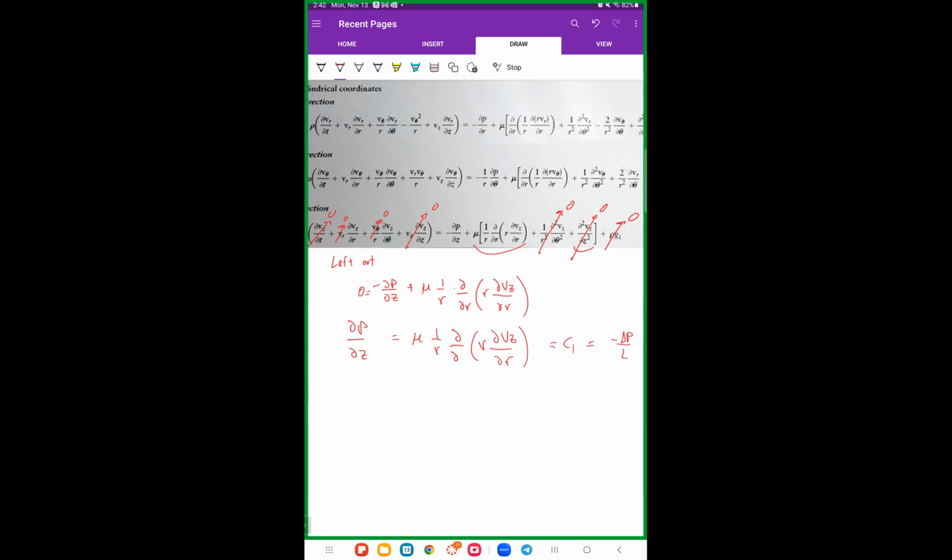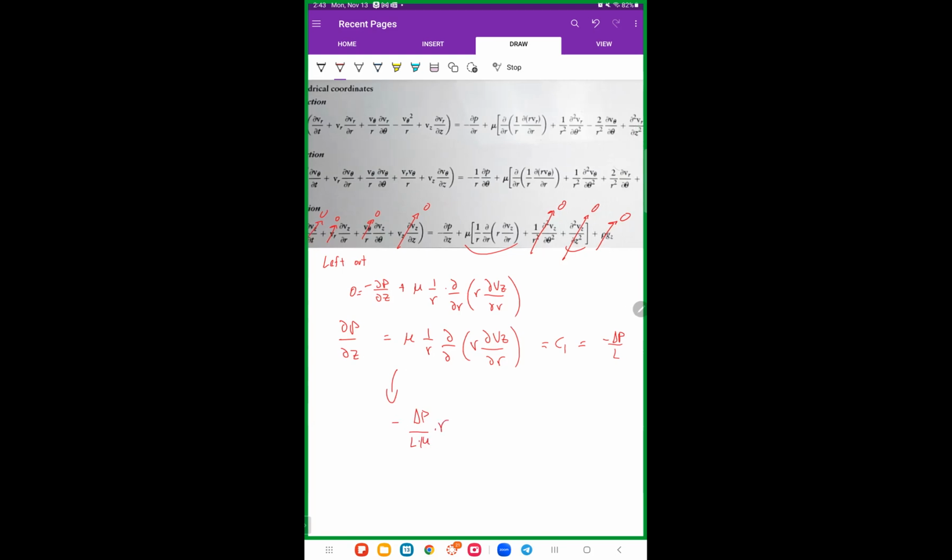What you can do though is pass it to the other side. That will take the form of negative delta P over L mu, and you're multiplying all of that by R, right? Mhm.